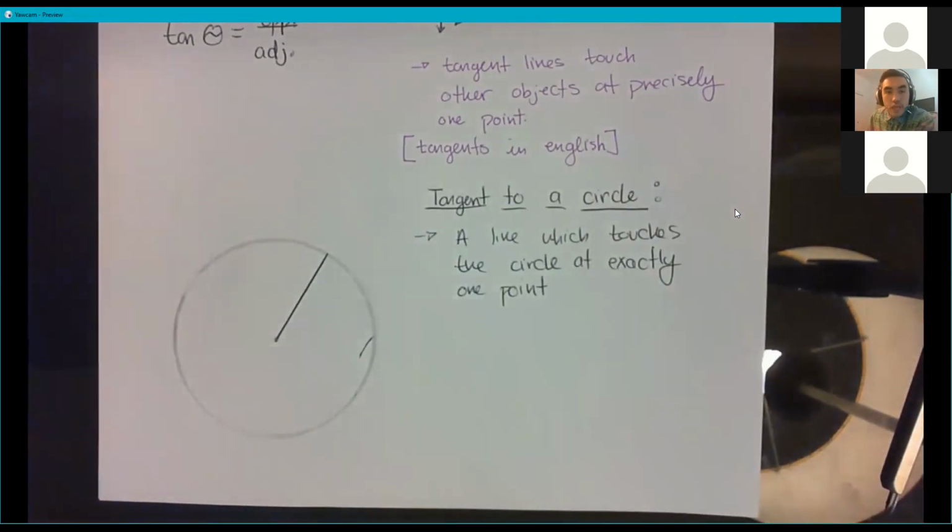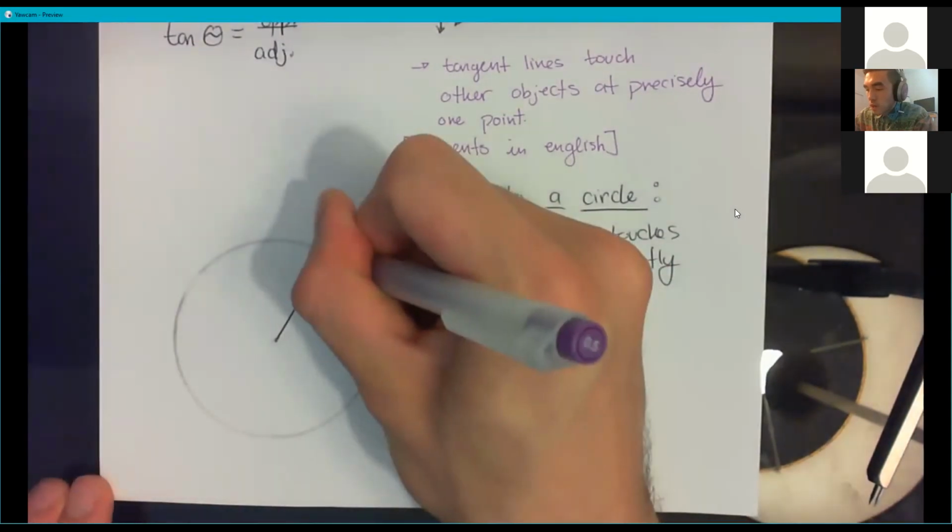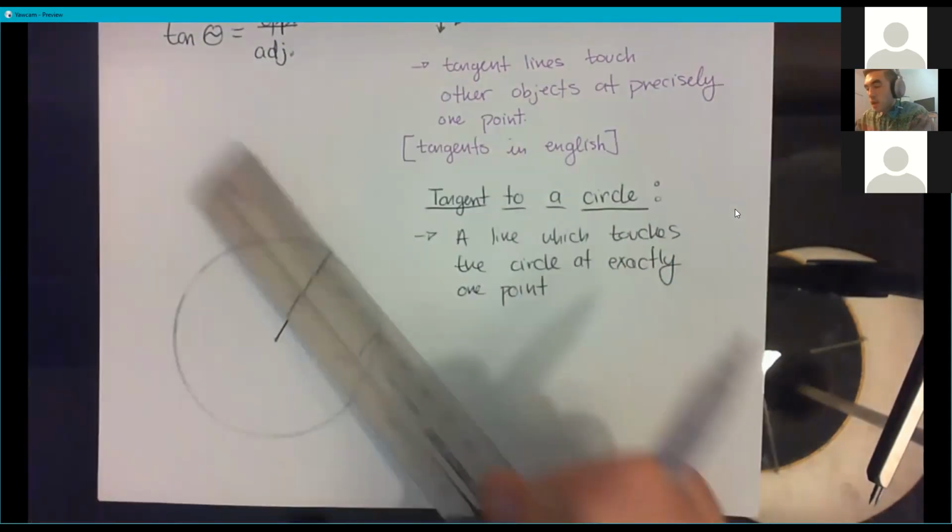A tangent to a circle is a line which touches the circle at exactly 1 point and 1 point only. So the point where I want to have this tangent, well, that's right here. I want to put the tangent on that radius.